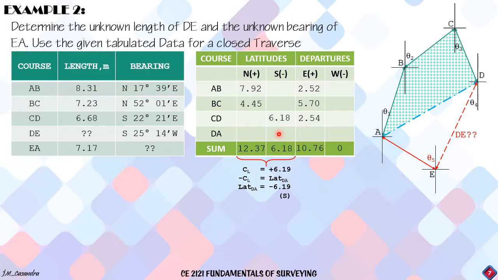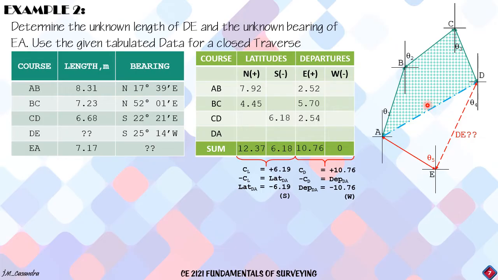For the departure, the algebraic sum of eastings and westings will be the correction departure, which is positive 10.76. And the negative of CD is the departure of the unknown line DA. So the departure of DA is negative 10.76, which is a westing. If we look at the figure, it is really a southing and westing.